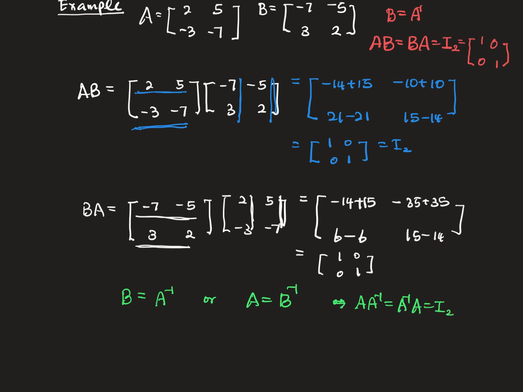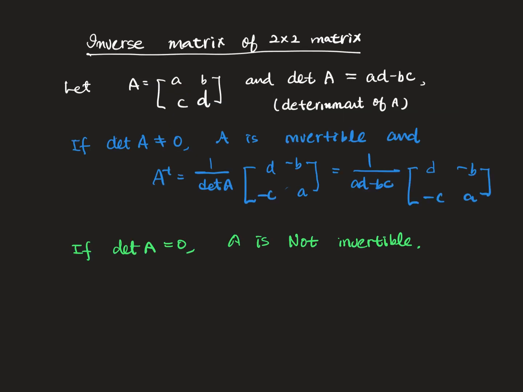So the big question is how to find the inverse matrix when you're given a matrix. Generally speaking, for a 2 by 2 matrix, it's very easy to find the inverse matrix. So here A is a 2 by 2 matrix, guys.